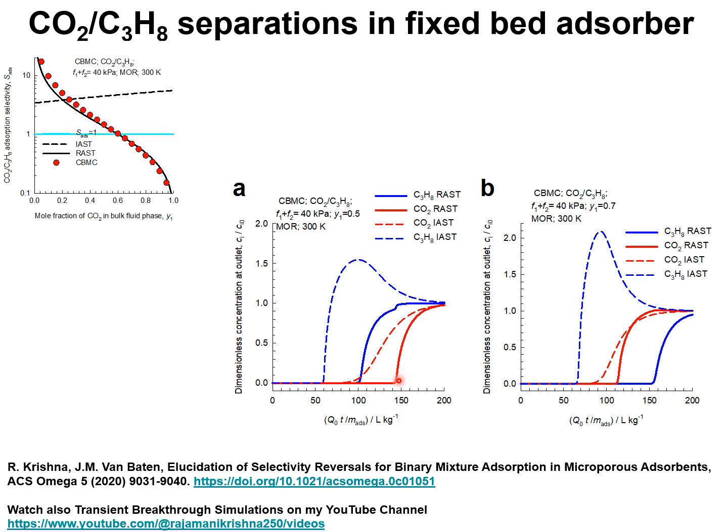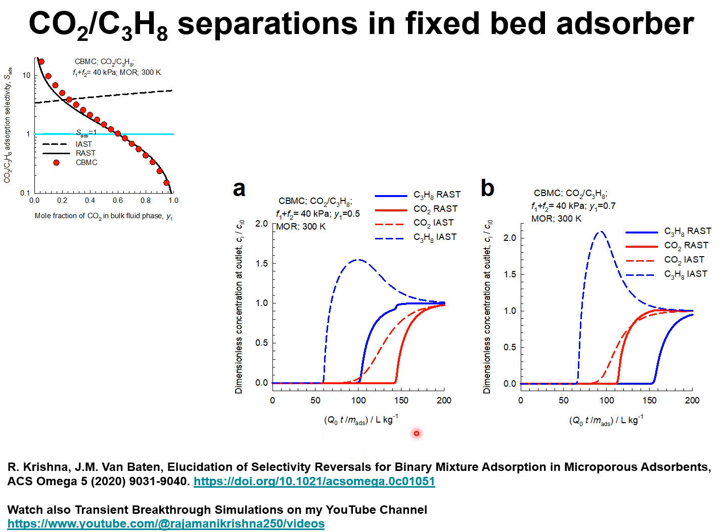Both IAST and RAST anticipate that CO2 breaks through at the end and propane breaks through earlier, as is the case in the adsorption data with varying CO2 in the bulk gas phase mixture. So we're looking at a composition somewhere here. Both RAST and IAST anticipate that the mixture adsorption is in favor of CO2.